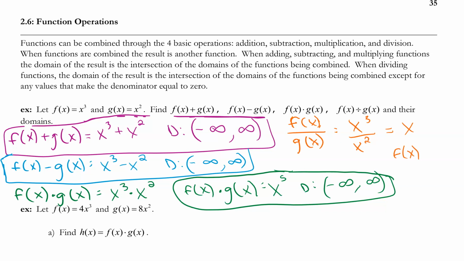So f of x over g of x equals x. Now your domain, before you simplified, your domain can't be 0. So my domain here is negative infinity to 0, union 0 to infinity. Even if the denominator goes away when you simplify.